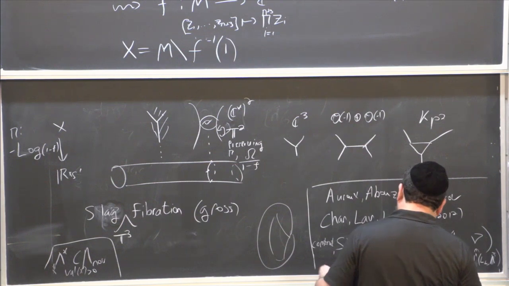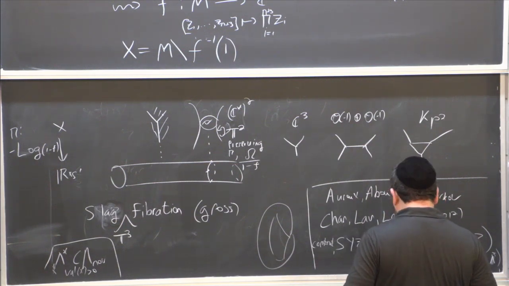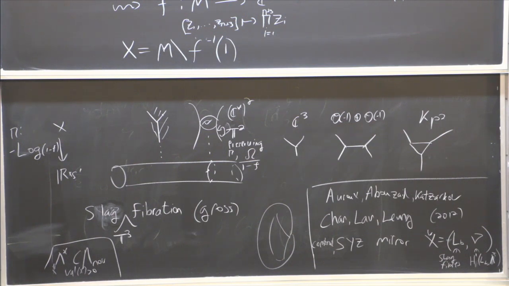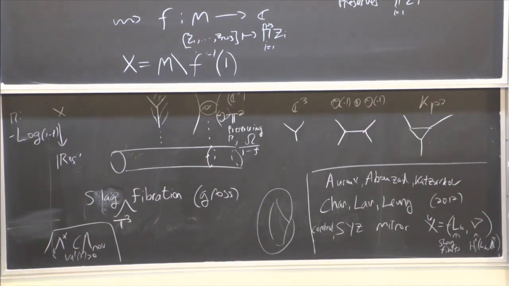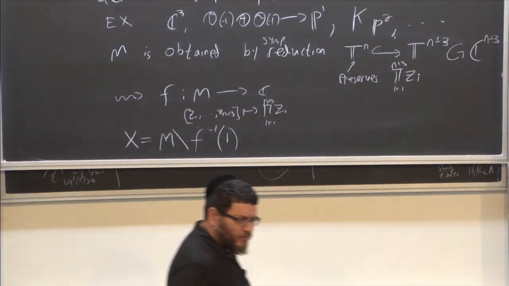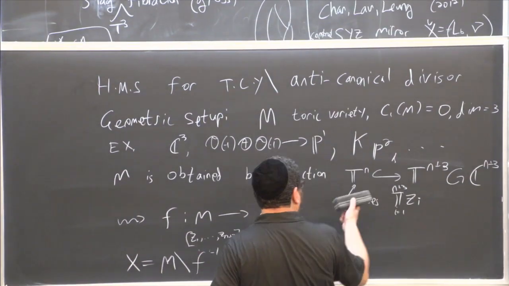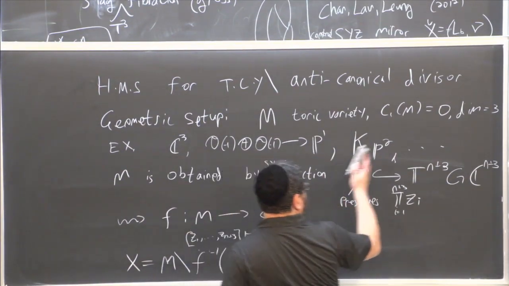So what they did is they took this set and they gave it the structure of a rigid analytic manifold, or if you want, just a complex manifold, which they wrote down as an explicit description.